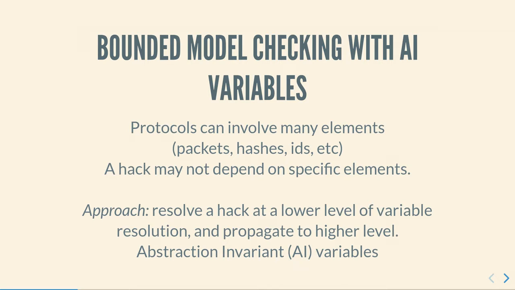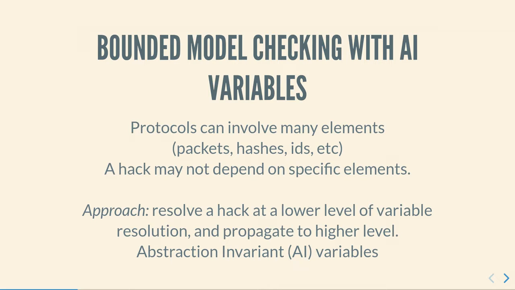So one of the things we can do, because CBMC programs in SAT can become rather large, is solve the SAT problem for a hack at a lower level of variable resolution, and then attempt to verify that the same approach and the same hack can be manifest at a higher level of variable resolution, particularly via the propagation of abstraction invariant variables, that is, flags that control, say, the execution flow or the particular approach that's taken by the actors in the program.